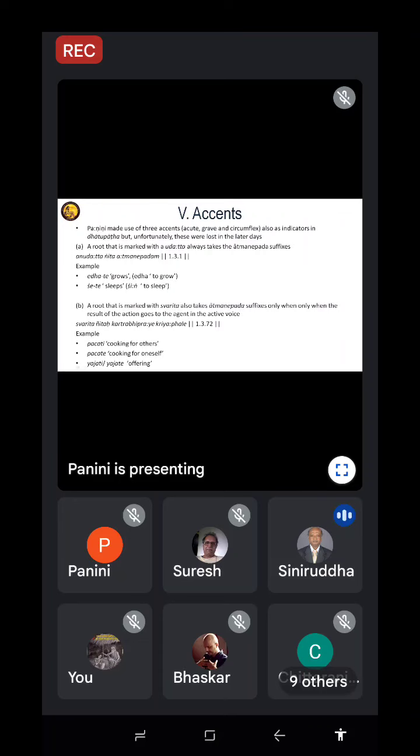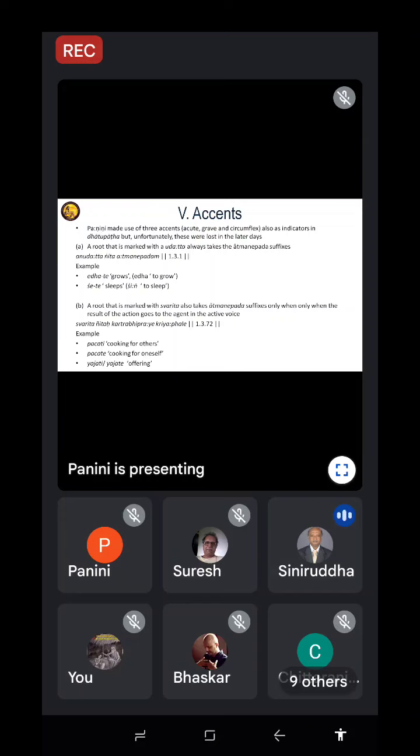Now if you look at the sutra, svaritañitaḥ kartrabhipraye kriyāphale, you see pacati and pacate, similarly yajati and yajate. Two forms are used. When? Anytime, is it arbitrary? No. Panini has given an explanation. In this sutra he has written kartrabhipraye kriyāphale, the outcome of the action, the kriyāphala.